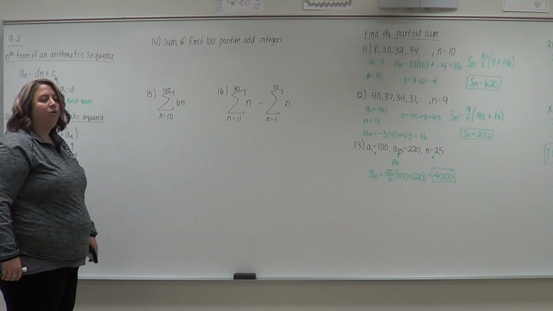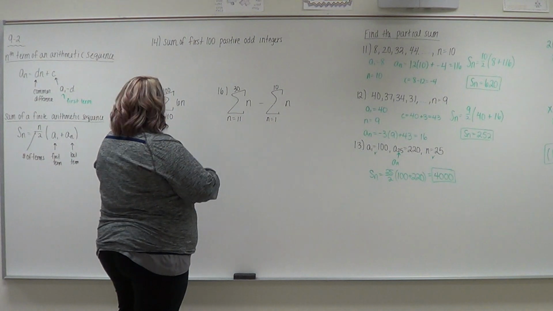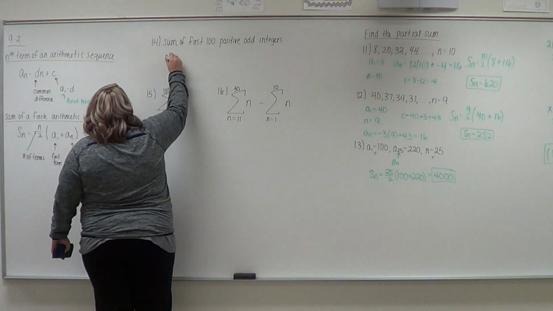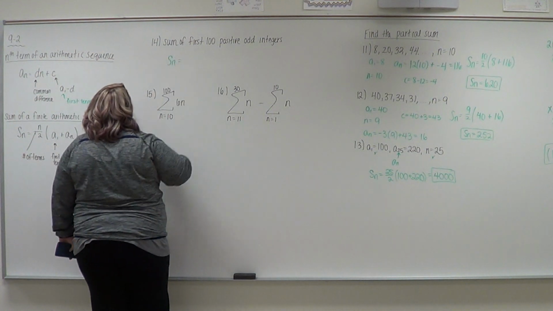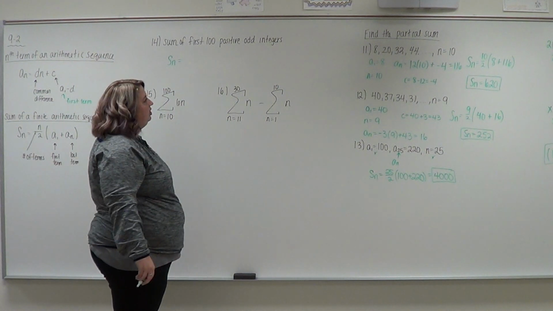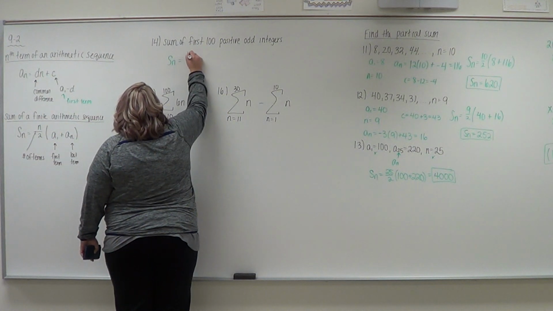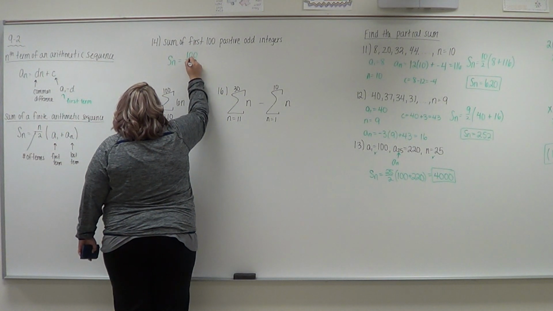Everything that you have is given to you. You just don't see it because it's not just written out there. So if I want to find my sum, n is how many terms there are. Well, it just says the first 100 positive odd integers, so that means that I know n is 100.